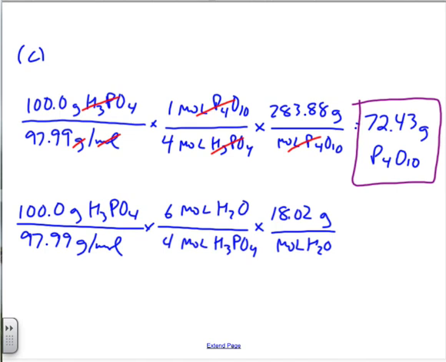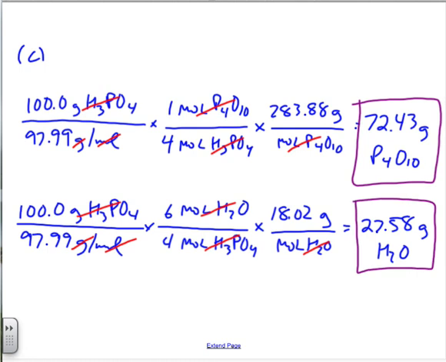Once again, grams of phosphoric acid cancel grams, moles cancel moles, moles of water cancel moles of water, and I'm left with 27.58 grams of water.